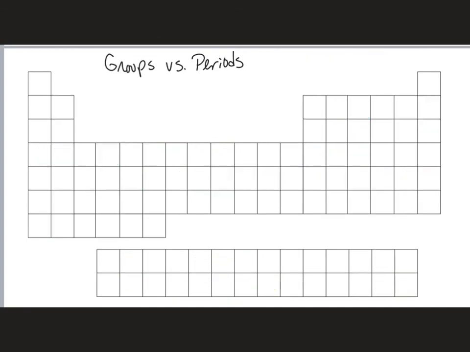So the difference between a group and a period is simply the direction of what we're talking about here. So groups go down. So these are all groups, things that I'm pointing downwards. And sometimes you'll see this as 1, 2, and sometimes you'll see this as 3, or it could be in Roman numerals, either one.